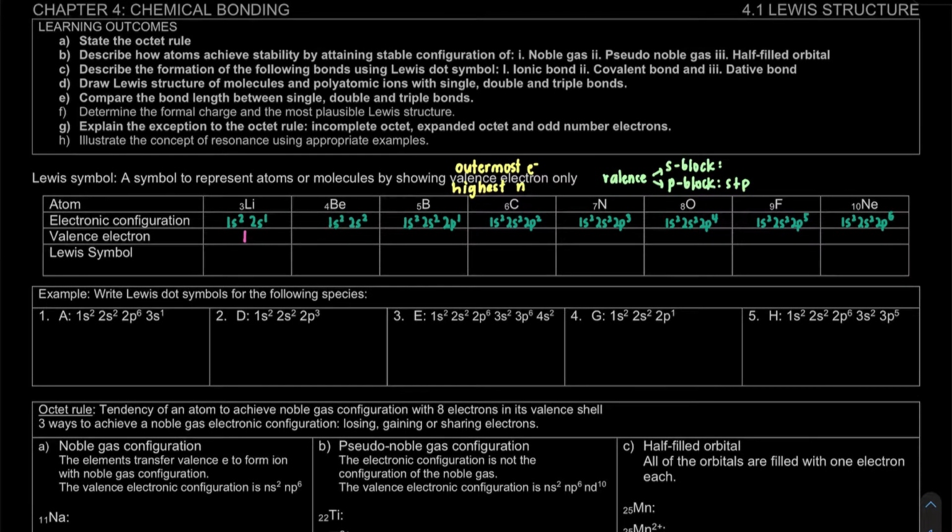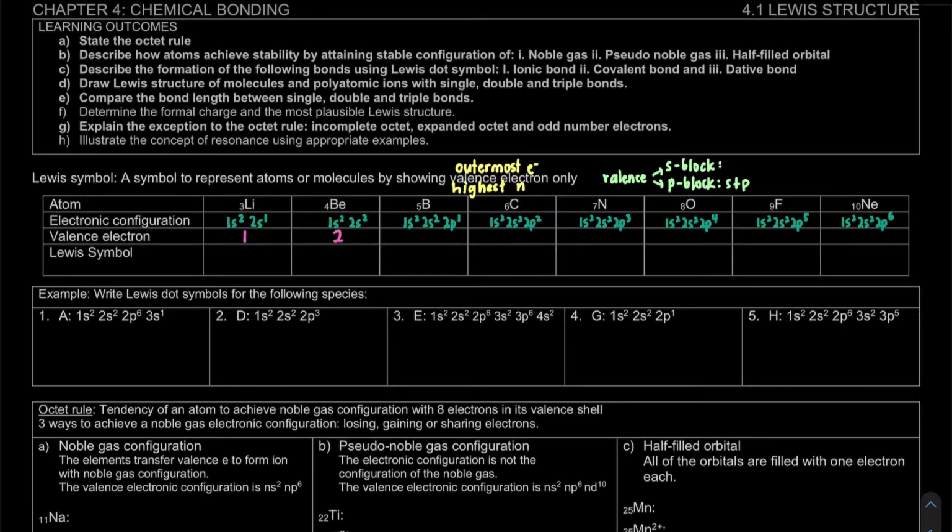The valence electron, again highest n, n equals 2, is 2s2, so the valence electron is 2. Next is boron. Again, our highest n is 2, but now we have 2s2, 2p1.